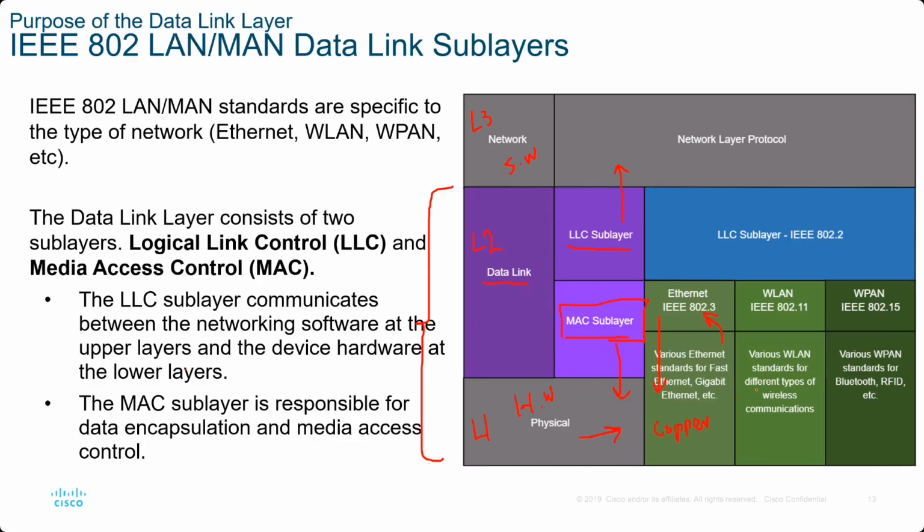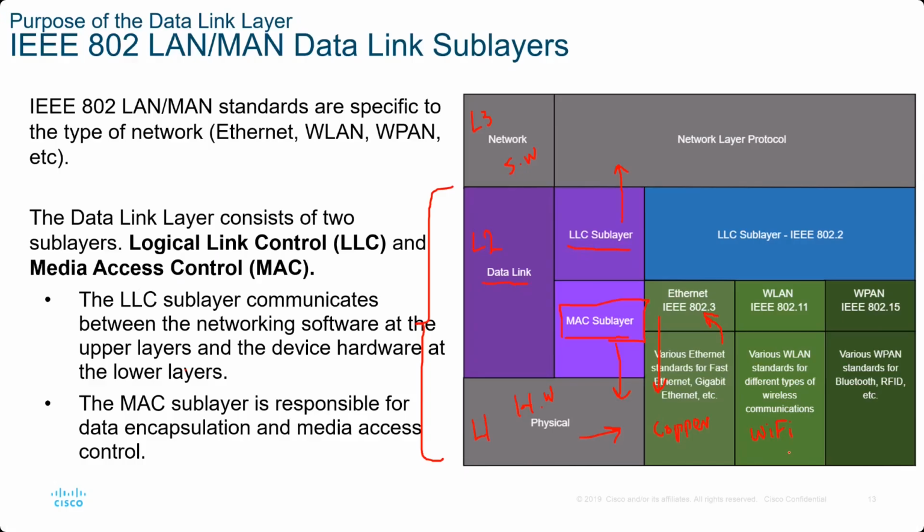If I choose to use Wi-Fi at the physical layer, then things would change a bit. If I use Wi-Fi, then I'm not using copper cable, and I wouldn't be using the network interface card with RJ45 ports. I will need a different network interface card at the physical layer which supports Wi-Fi antennas, right?